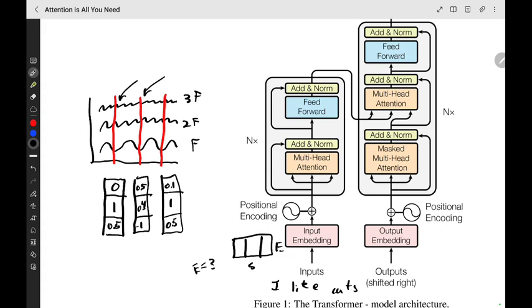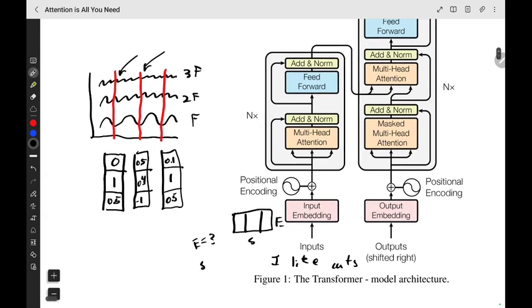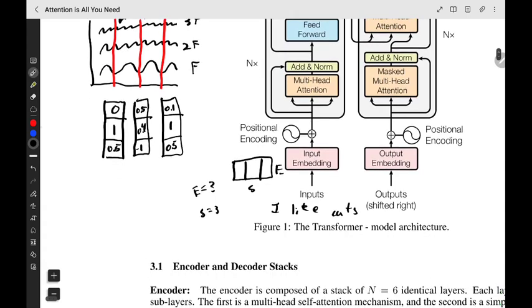All right, so you have a unique representation for each of these vectors. So I guess S is also equal to 3. What you do is you create these sine waves, and then you sample them uniformly for each vector in the input. So we have a sequence of length S. You sample uniformly S times, and then you add these vectors to the original sequence.